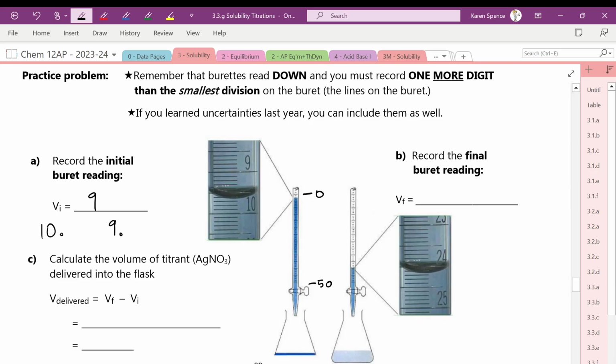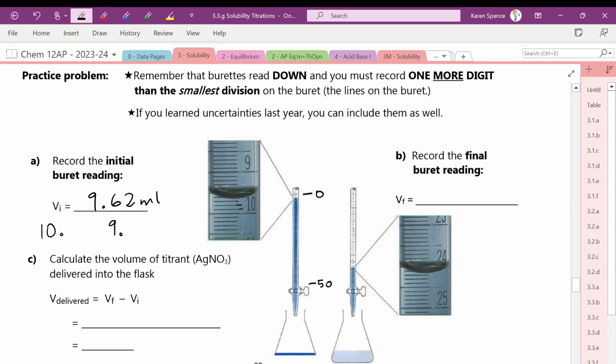So we're starting with 9 point, let's see, that's 9.76 something. 9.6? 9.6 what? 2, sure. 1, sure. Is that good? No, what have I forgotten?